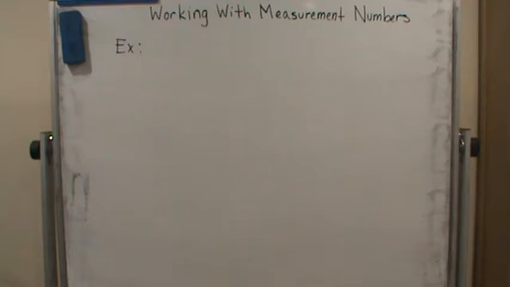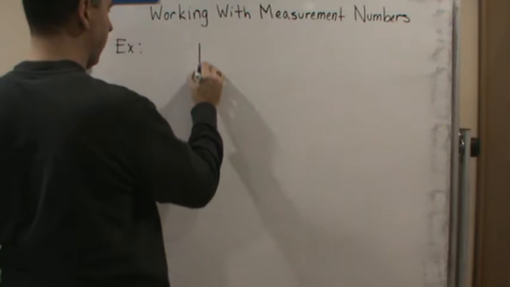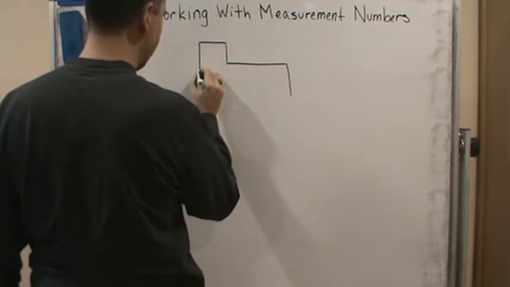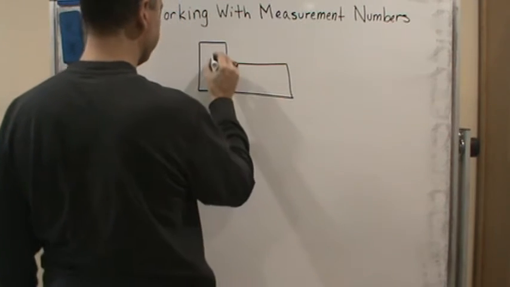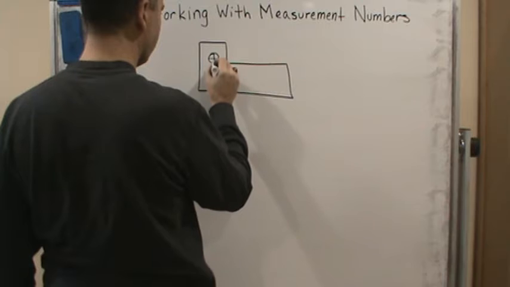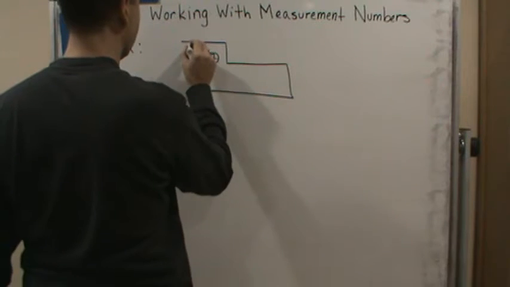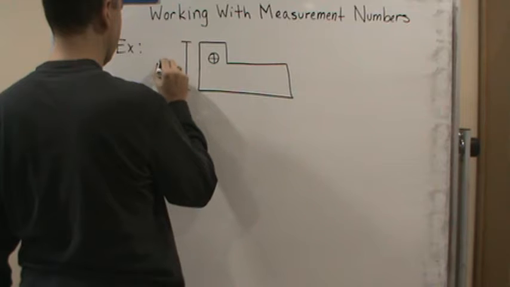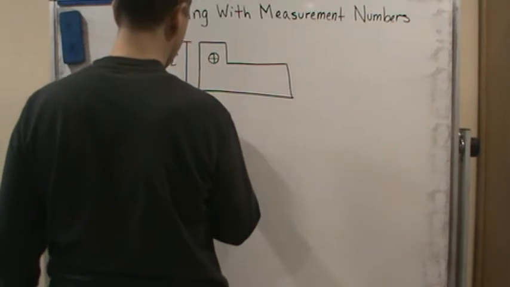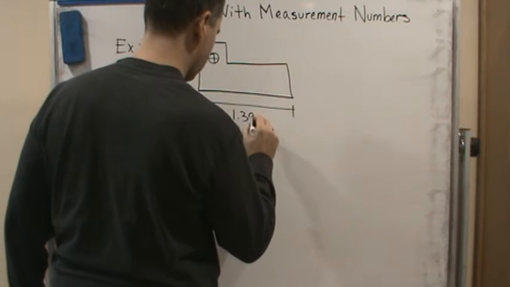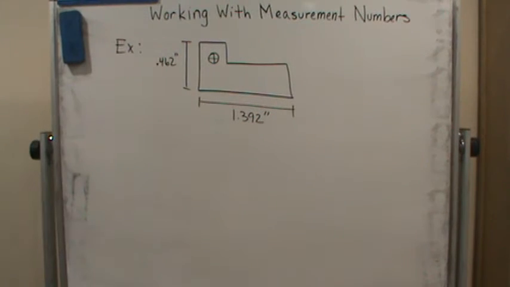Let's say this is some sort of bracket or some sort of piece that's going to be punched out, and it gives us these measurements, right?